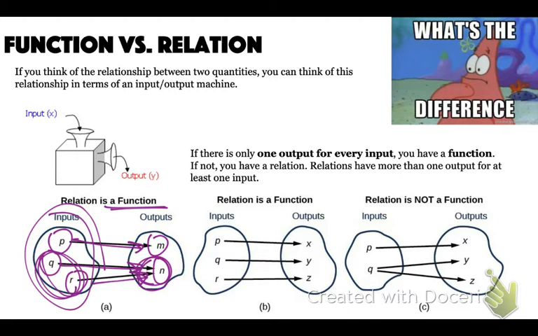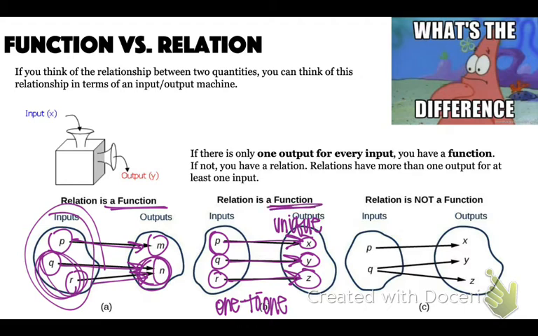This one is easy to see. P goes to X, Q goes to Y, R goes to Z. Each input has a unique output, because they're all different. If it has a unique output, this is called a one-to-one function, which we're going to go through in just a second. But this one is a function.